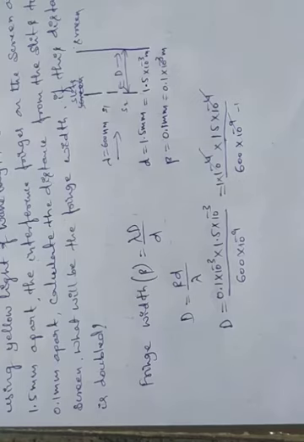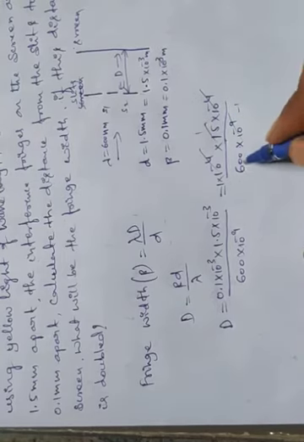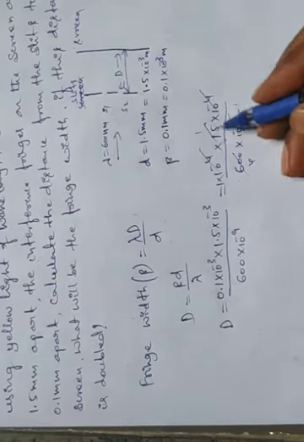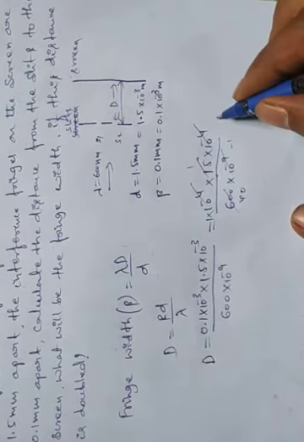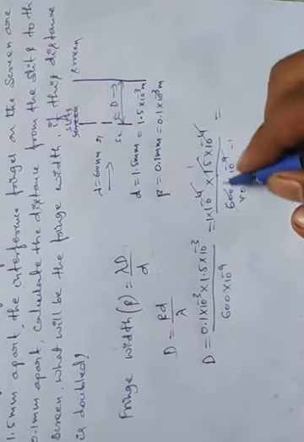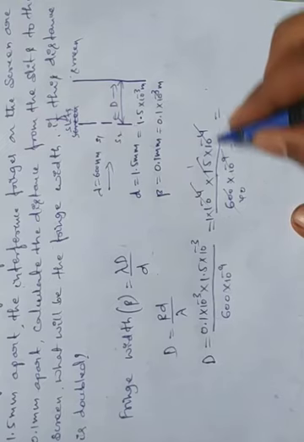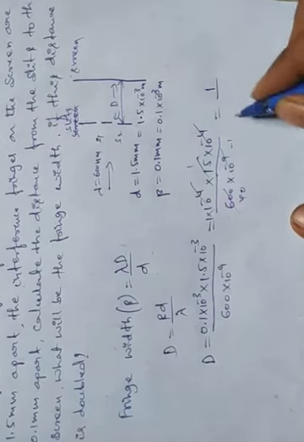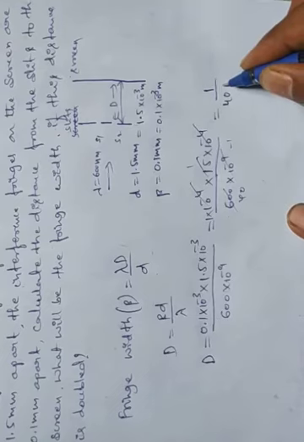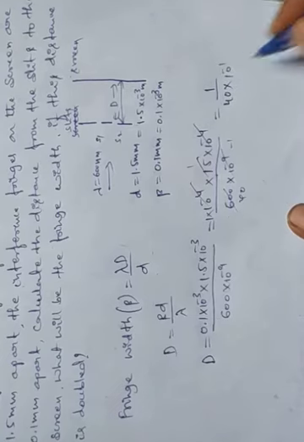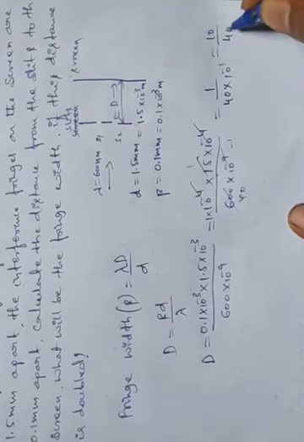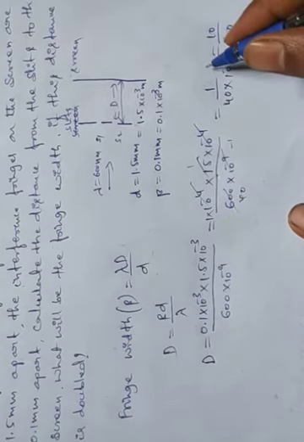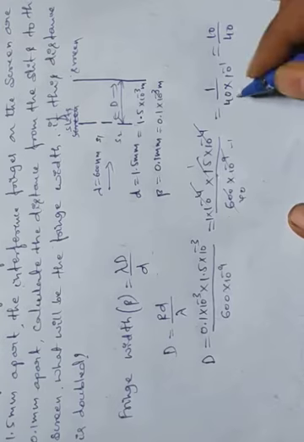Next, 15 ones are 15, 15 fours are 60, remaining 0, put the 0. Now write it: 10 power minus 1 and 40 remain. Bringing it to the numerator, 10 power minus 1 becomes 10 power plus 1, so it is 10 by 40.